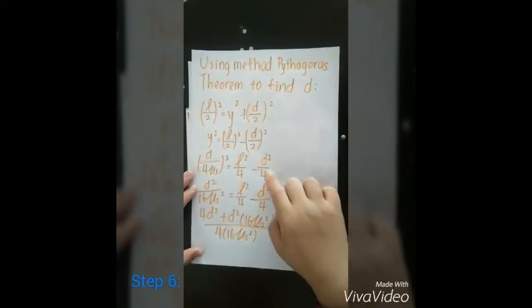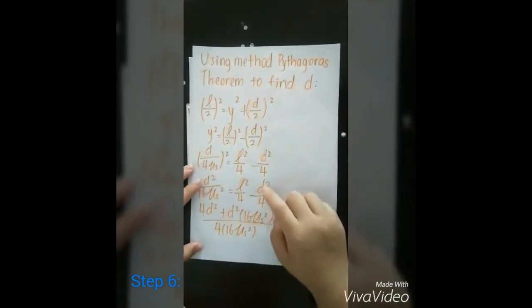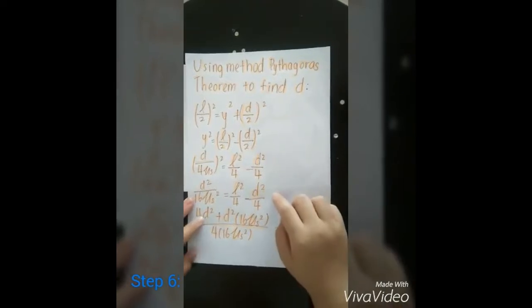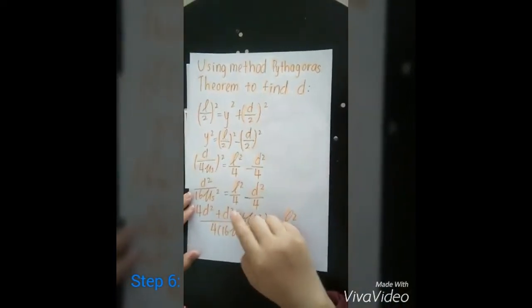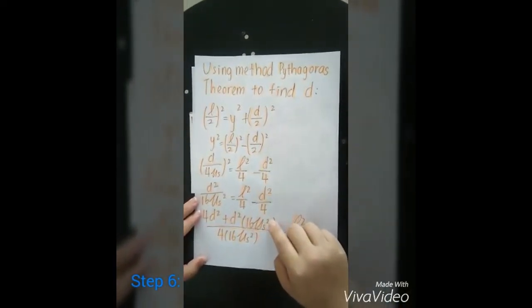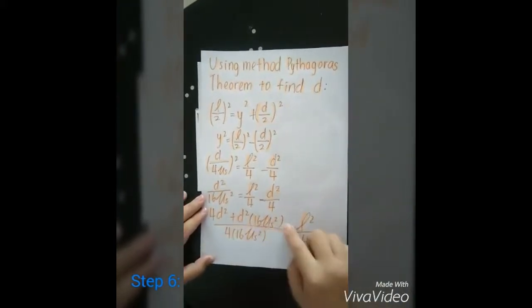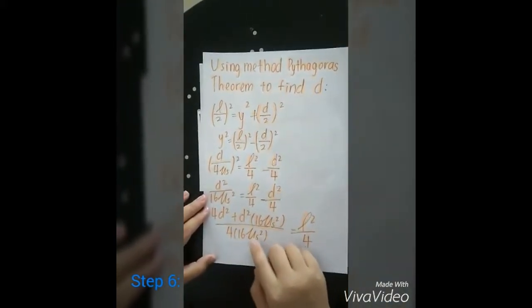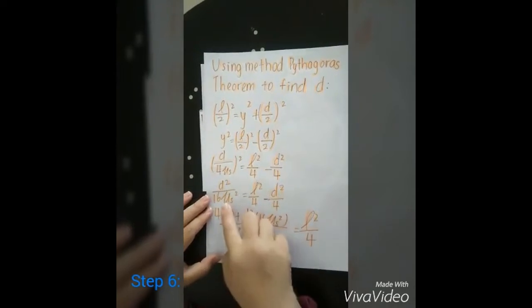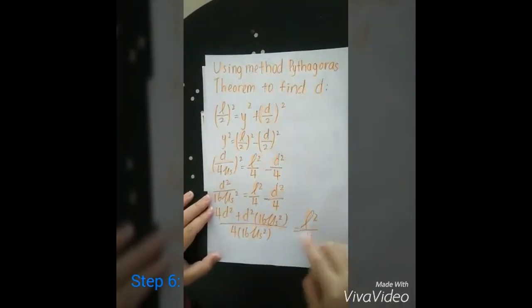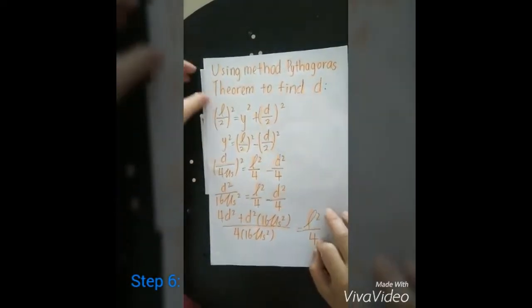So we bring forward, it becomes plus. So this becomes 4d square plus d square 16 mu s square, then bracket, then divide by 4 times 16 mu s square, equal to L square divided by 4.